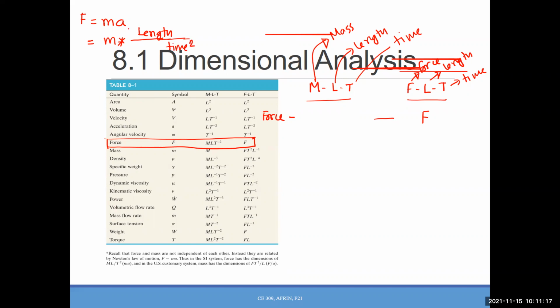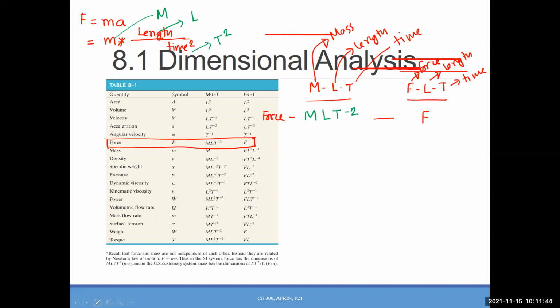So for M, you can write down M. For length, you can write down L. For time square, you can write down T square. So finally, you will have M, L, T square. That is for force. Okay.